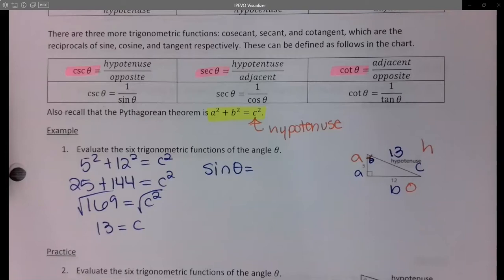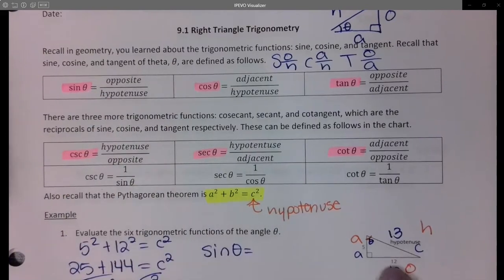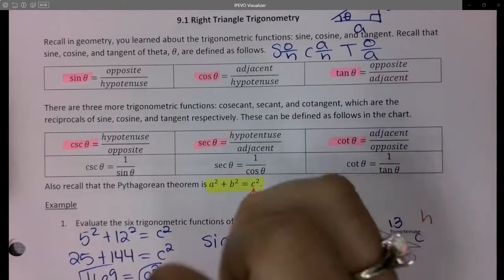So now that I have this, I want to go ahead and plug in. Sine is opposite over hypotenuse. So my opposite is 12, my hypotenuse is 13.